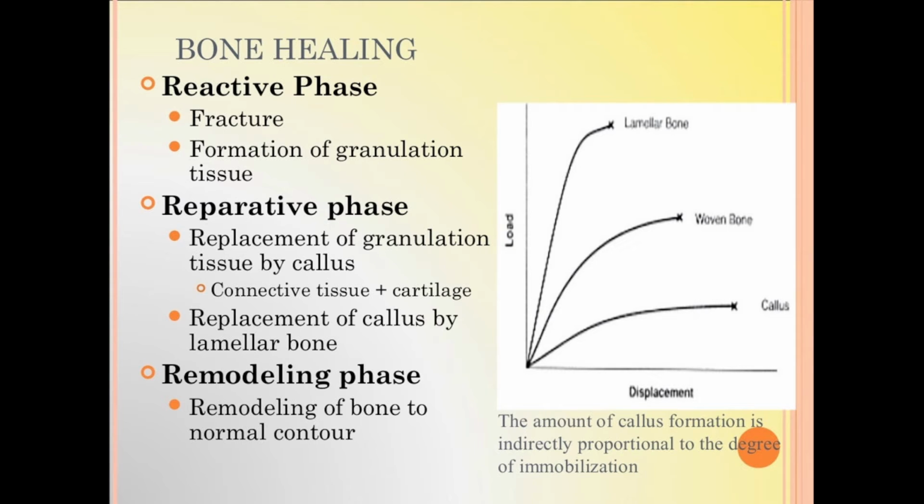Reparative phase: replacement of granulation tissue by callus, connective tissues plus cartilage. Replacement of callus bone by lamellar bone. And next, the remodeling phase: remodeling of bone to normal contour.